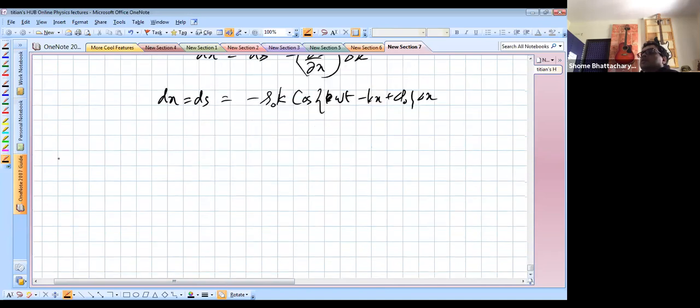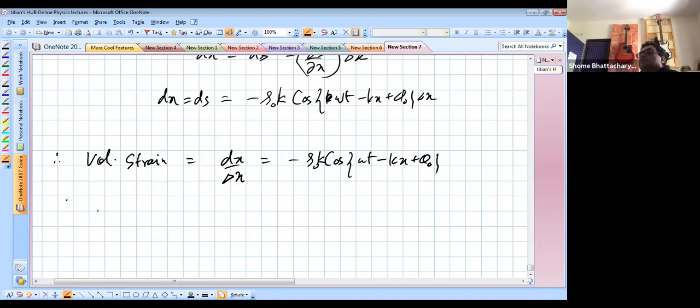So coming back to our volume strain, which was dx by delta x. You can see you substitute that in over here. It becomes minus s naught k cos omega t minus kx. That's fine. Therefore, volume stress, which you can write as delta P, is minus of bulk's modulus into volume strain.